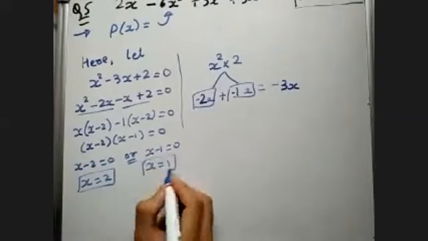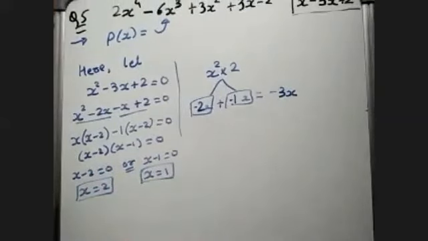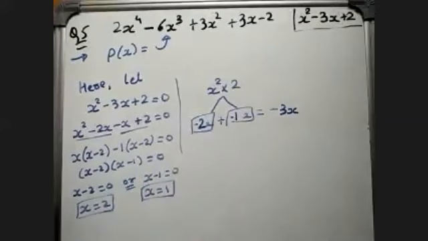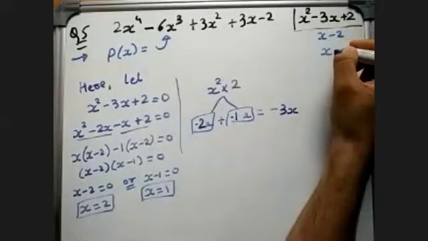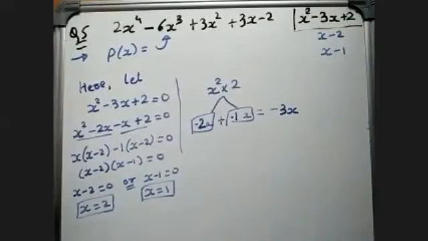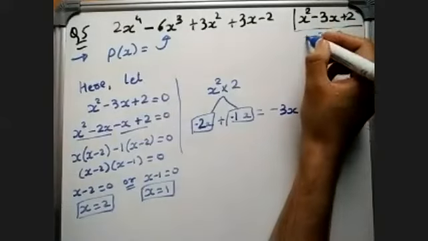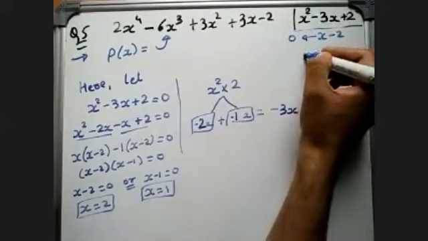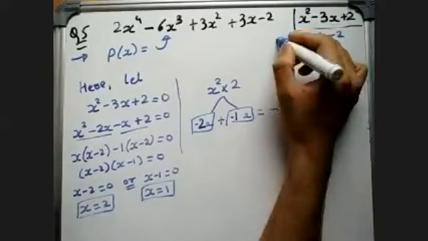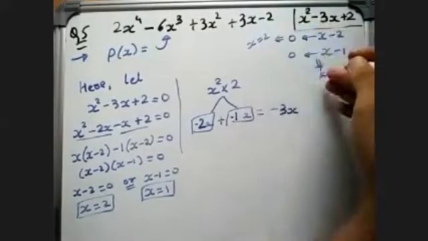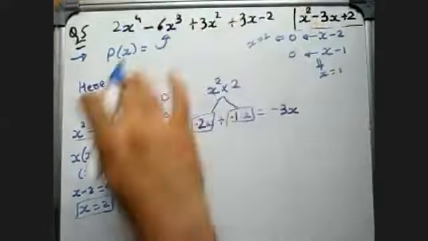I'm repeating this once again. See, in earlier type of question, what they were giving is prove that this is exactly divisible by x minus 2 or exactly divisible by x minus 1. So from factor theorem, what we were doing in earlier cases, we were taking x minus 2 as 0, we were taking x minus 1 as 0, and by simplifying it, we were getting x equal to 1, here x equal to 2. Then we are putting these values x is equal to 1 and x is equal to 2 in this.